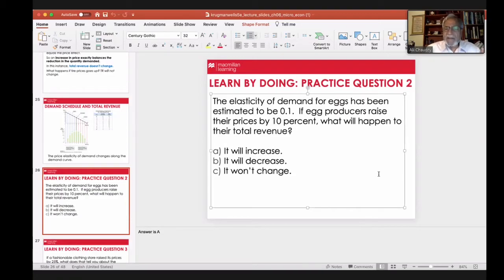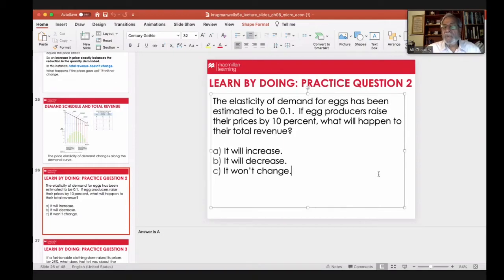So intuitively, does it make sense that when the price elasticity of demand is inelastic, revenues will increase? An increase in the price of a certain percentage will result in a lower percentage in the quantity demanded.